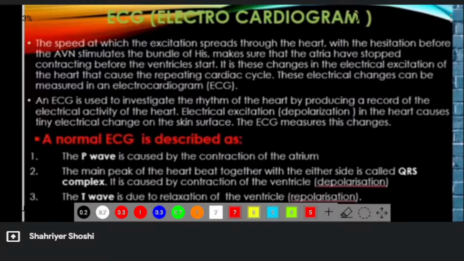These electrical changes can be measured in an electrocardiogram or ECG. An ECG is used to investigate the rhythm of the heart by producing a record of the electrical activity of the heart. Electrical excitation and repolarization in the heart cause tiny electrical changes on the skin surface, and an ECG measures those changes.